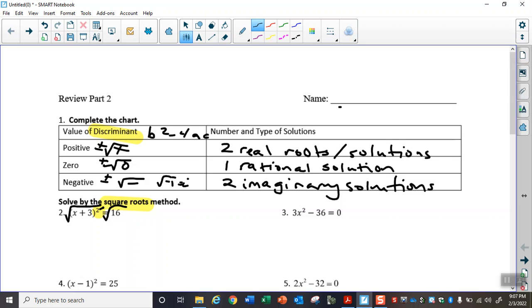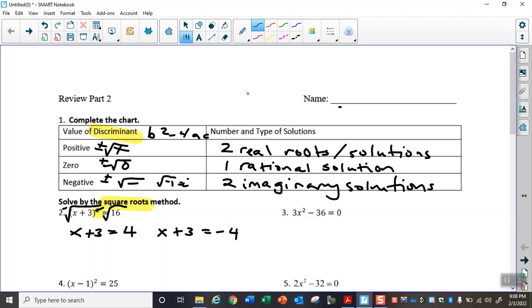These are inverses, so that makes that go away. And so what I have is what's underneath, x plus 3 equals, and if you do the square root of 16, you get 4. But notice it's plus or minus 4, because I have 2 solutions. So I also have x plus 3 could equal -4.